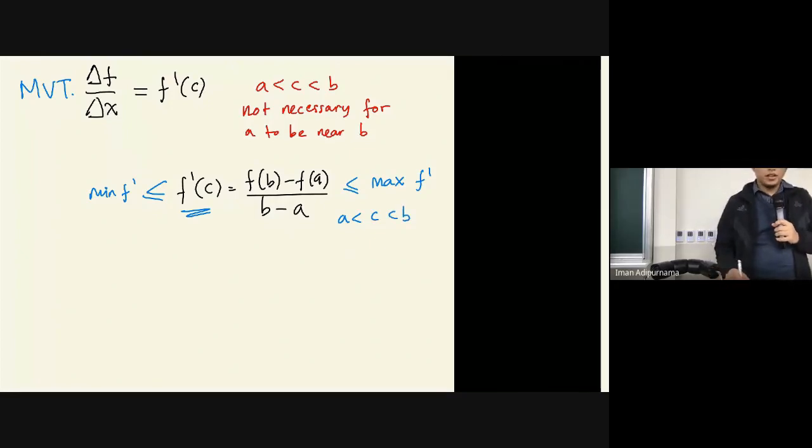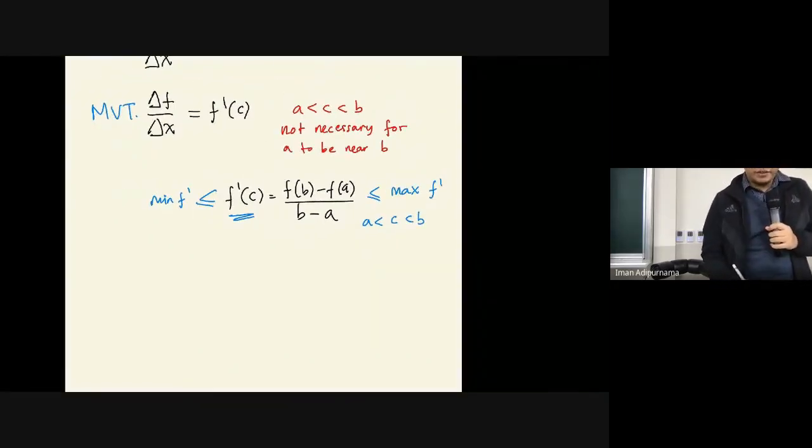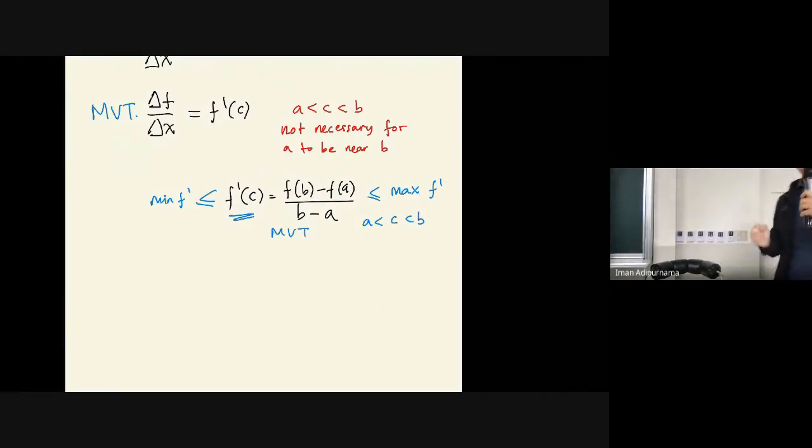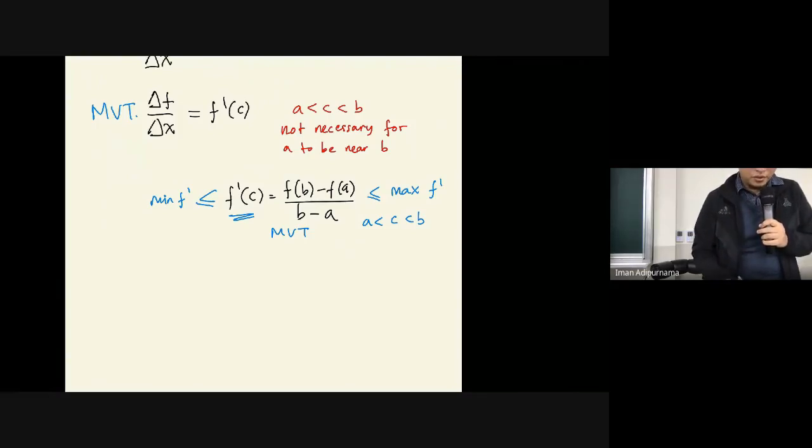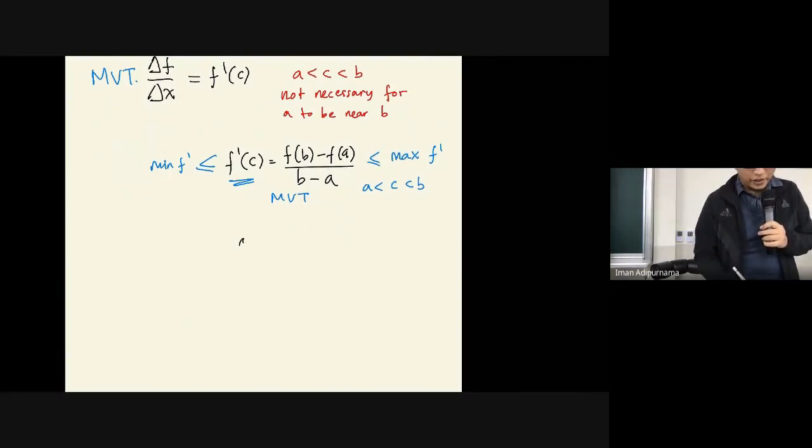So you may think that the mean value theorem is like the runner: you may have the maximum speed and minimum speed, but you always have the average between the maximum and minimum. Also, let me write the average speed to give you the notes.